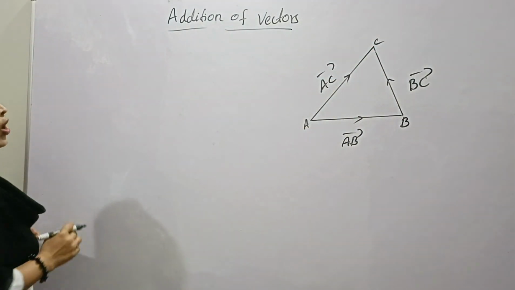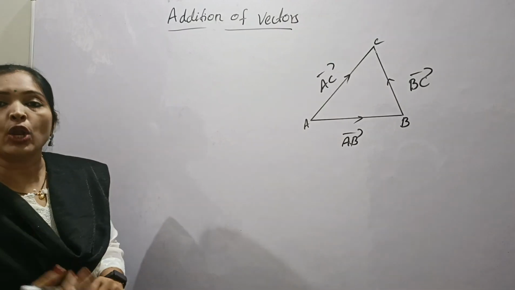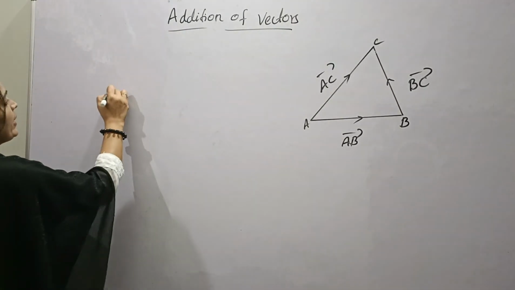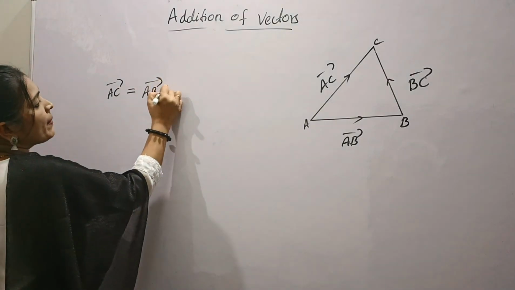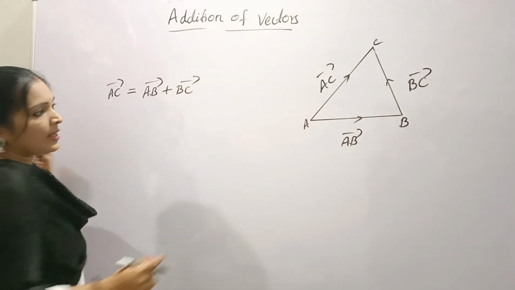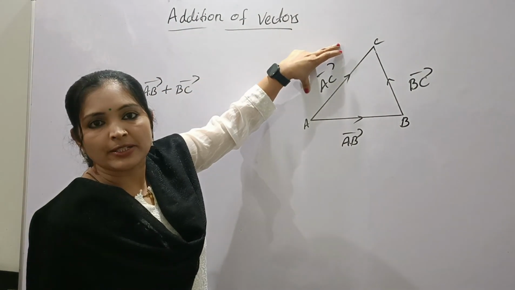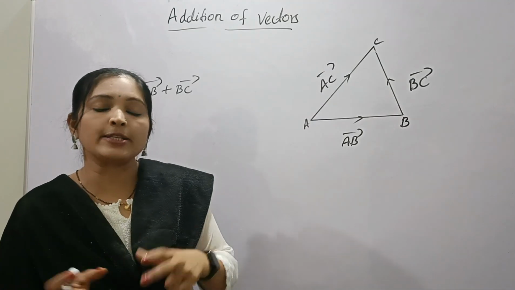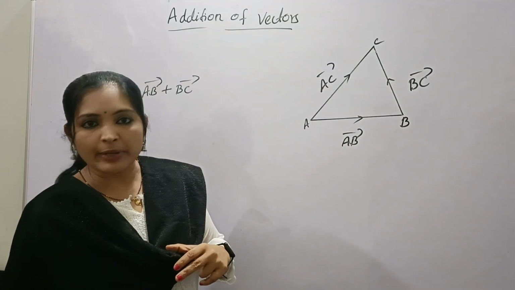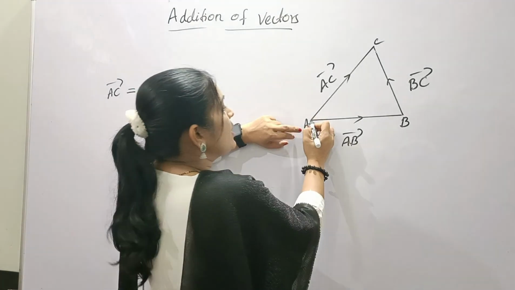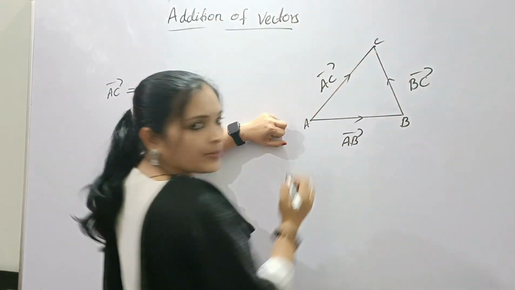Right? So it is the law of vector addition, the triangle law of vector addition. So here vector AC is equal to vector AB plus vector BC. That is the total displacement. We know that displacement is the shortest distance between the initial point and the terminal point, right? So here it is the initial point and it is the terminal point.